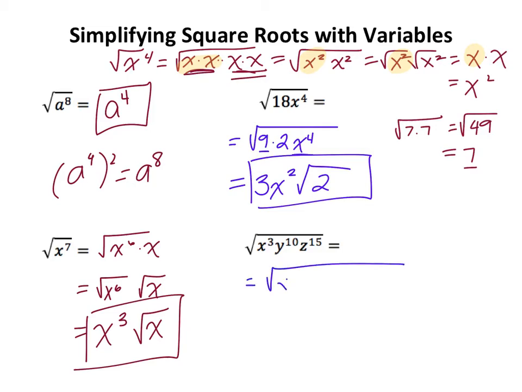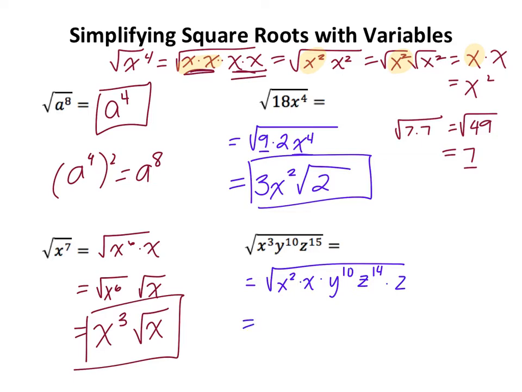This one here, I'll have to break up any of the odd ones. X cubed is going to be x squared times x. Y to the 10th, I don't need to split that up. Z to the 15th is going to be z to the 14th times z.